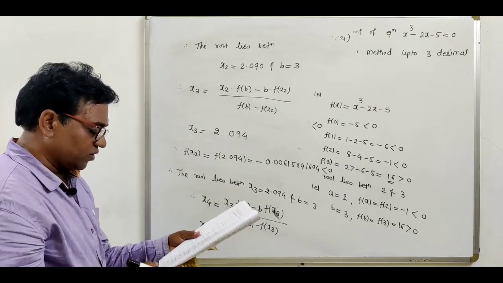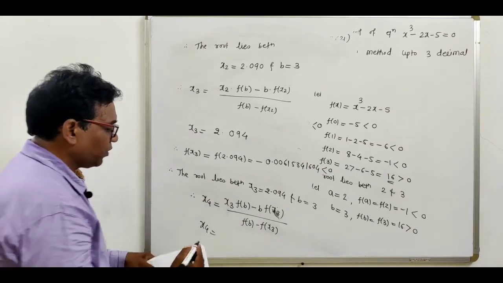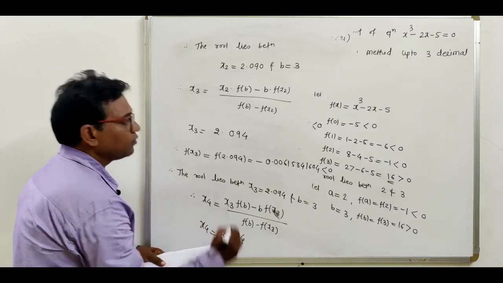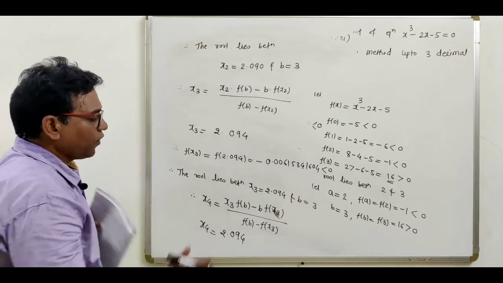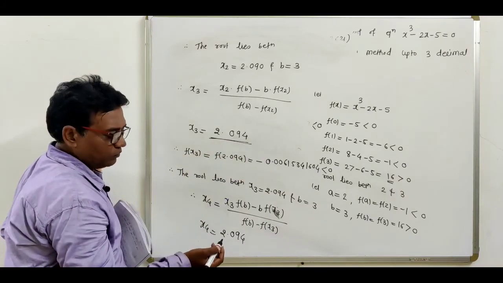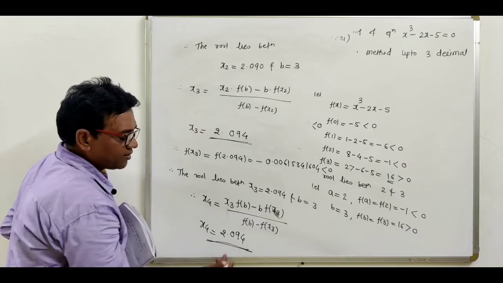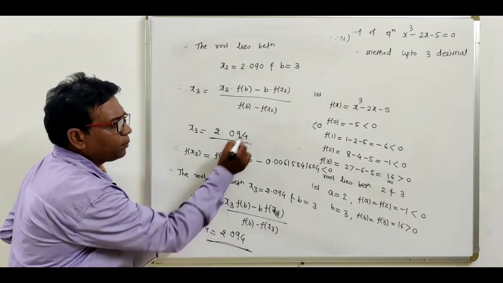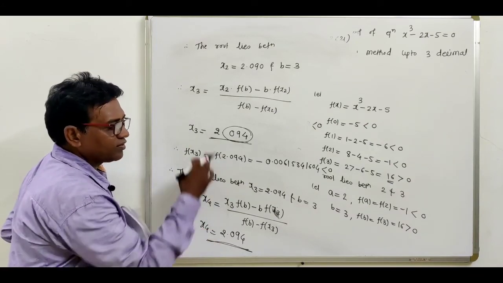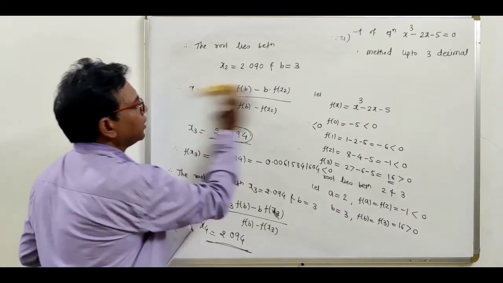So we have found x4, the value of x4 is 2.094. So if we observe these two roots, the value of x3, that is 2.094, and the value of x4, that is again the same, 2.094. So up to 3 decimal places, these roots are same.